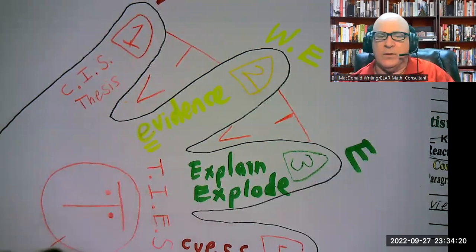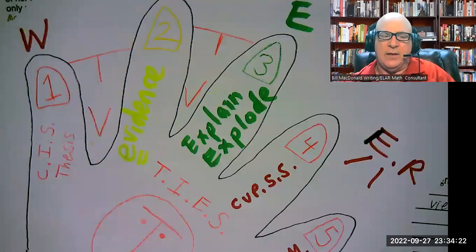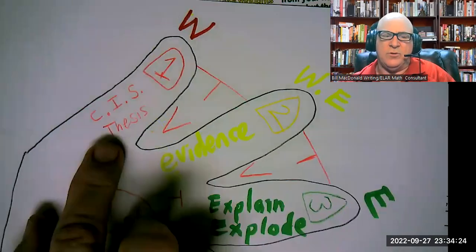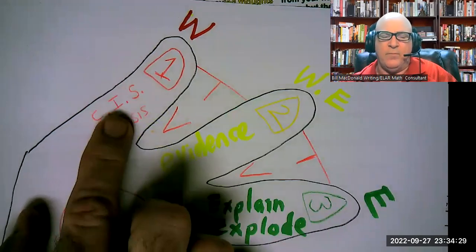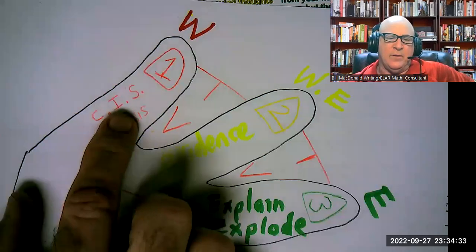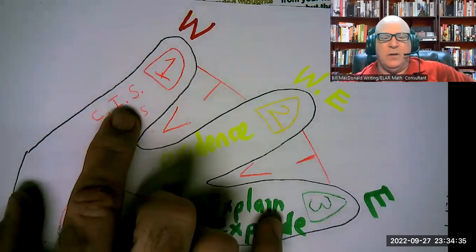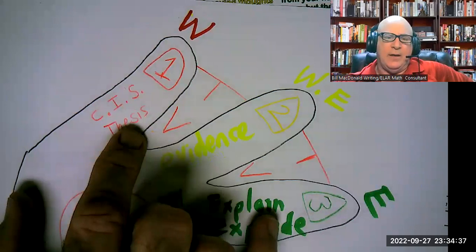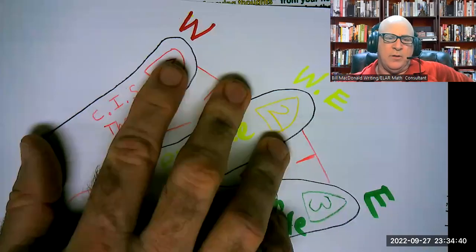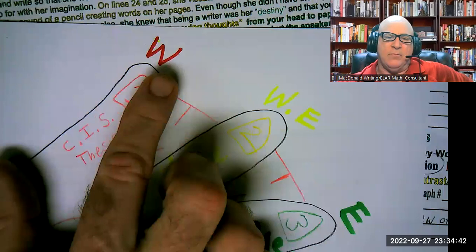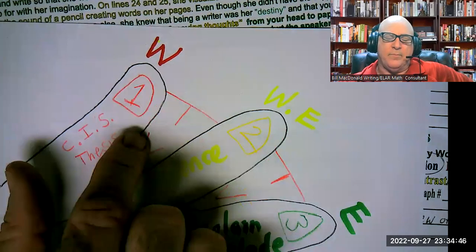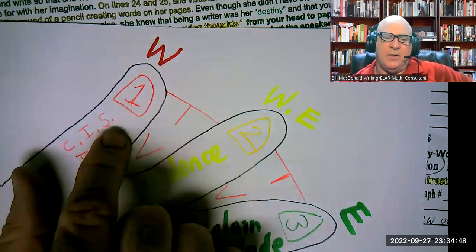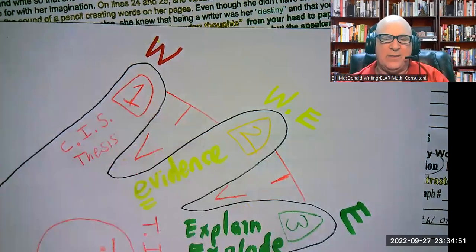So I need a thesis that connects the attitude of the sister and the speaker of the poem, how one affects the other, or a thesis. And so the W is, what is my idea that responds to the topic? The second bullet said organize. And so that's why the T's are there.